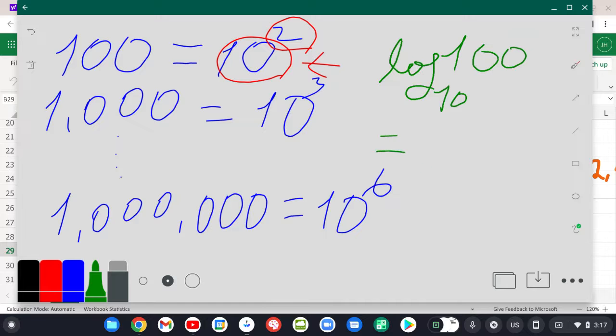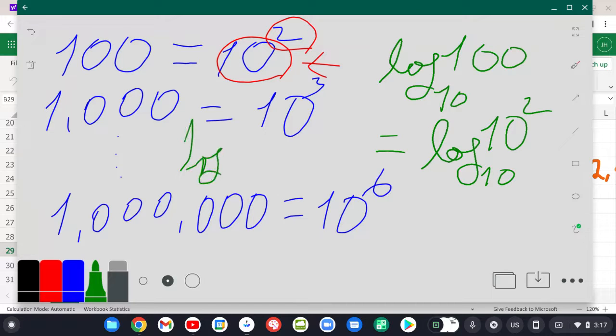And of course, we can rewrite this as log of 10 squared to base 10. Now, basically, log of 10 to base 10 is 1, because it's 10 itself, right? 10 raised to 1 is just itself.